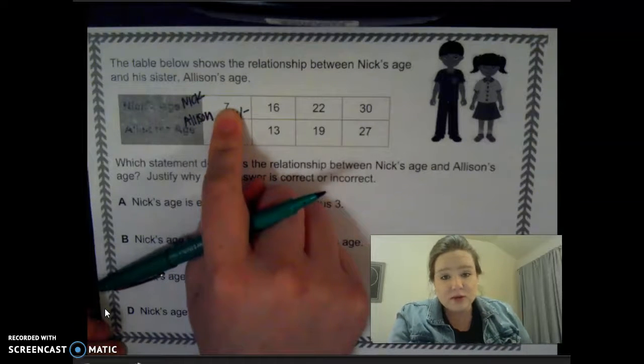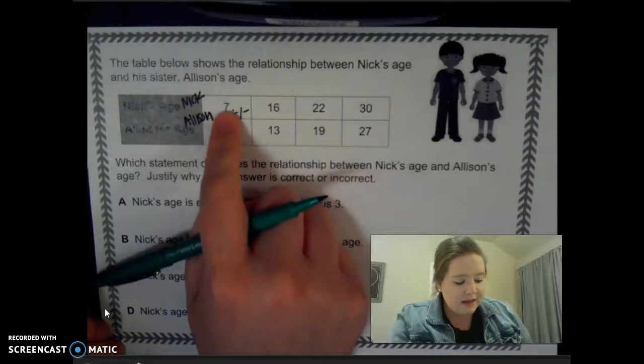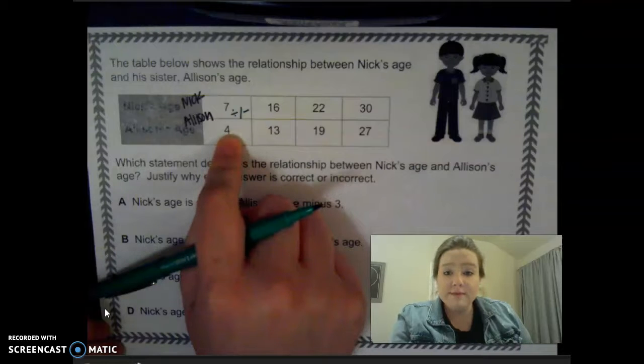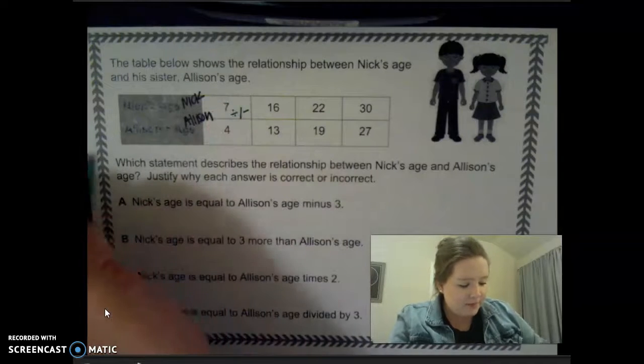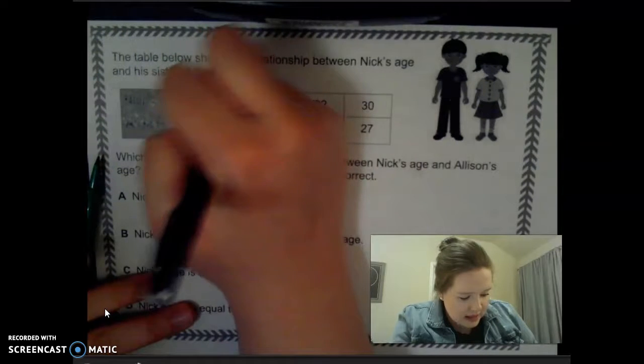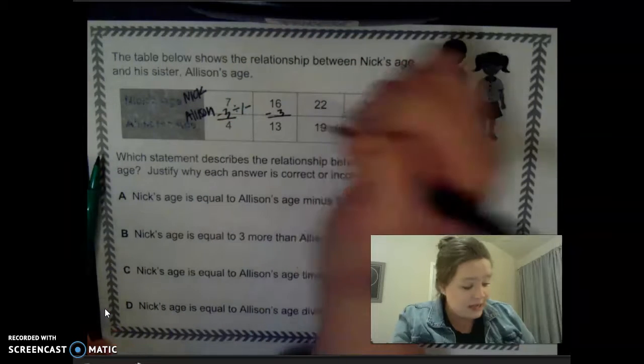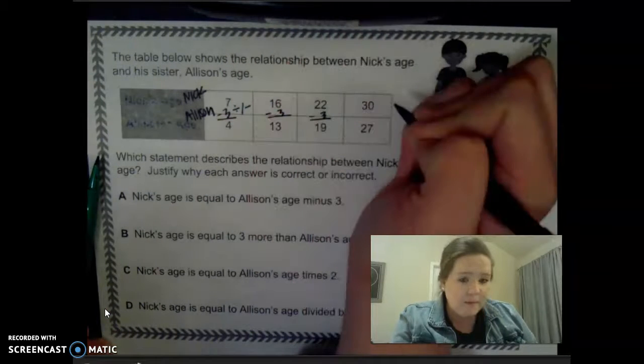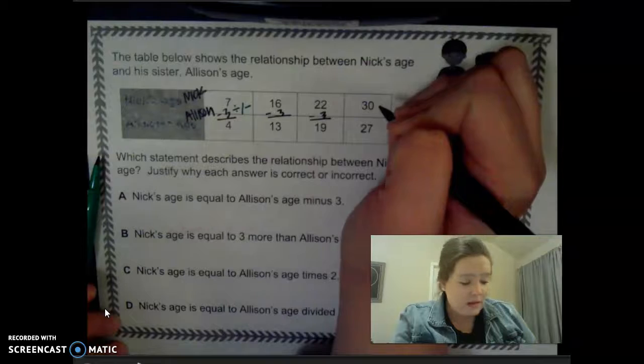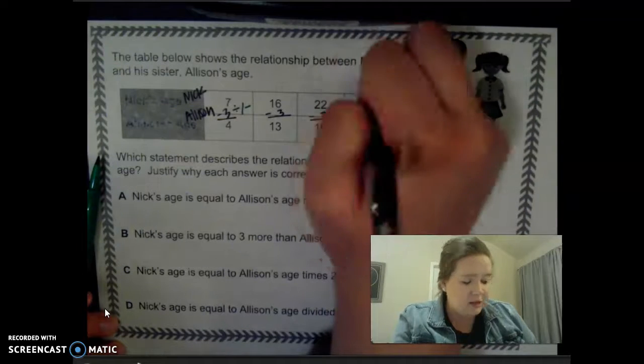Okay, let's start with subtraction. 7 minus what equals 4? 7 minus 3. Good job. 7 minus 3 equals 4. 16 minus 3 equals 13. 22 minus 3 equals 19. 30 minus 3 equals 27.